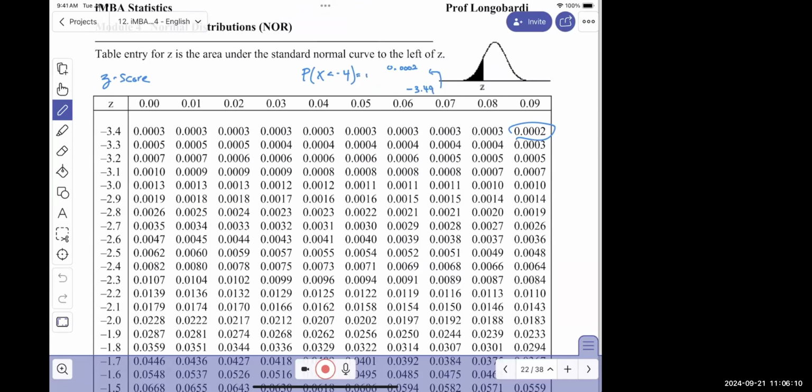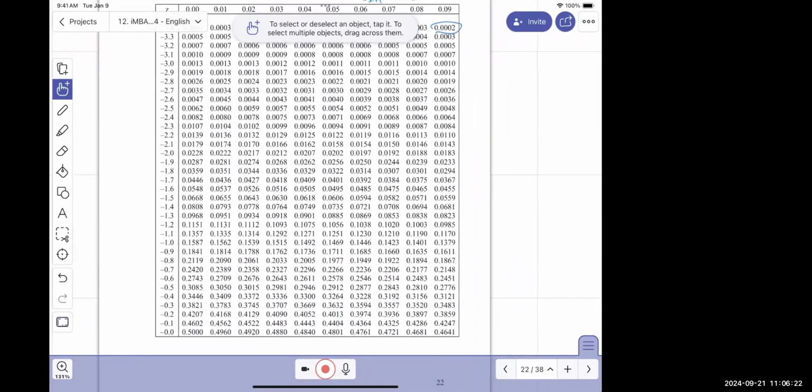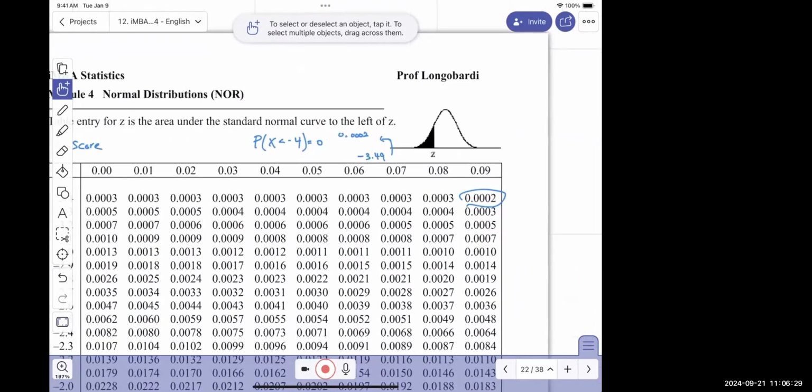Right, 0. Okay, so there's nothing there. So that's how you read the table. And as you go down the table, you're moving along the curve this way, all the way up till 0. It'll take you all the way to 0.